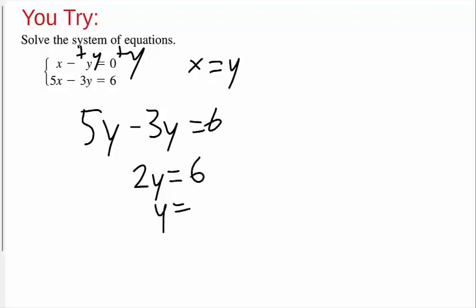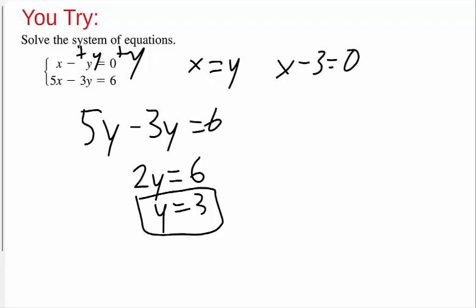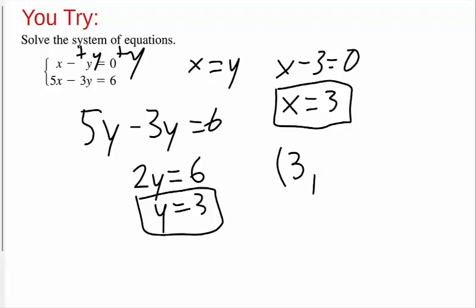Y equals 3. Okay, now we plug in. So x minus 3 equals 0. What minus 3 equals 0? 3. X equals 3. So our point is 3, 3. Simple, really easy. All right, let's move on.